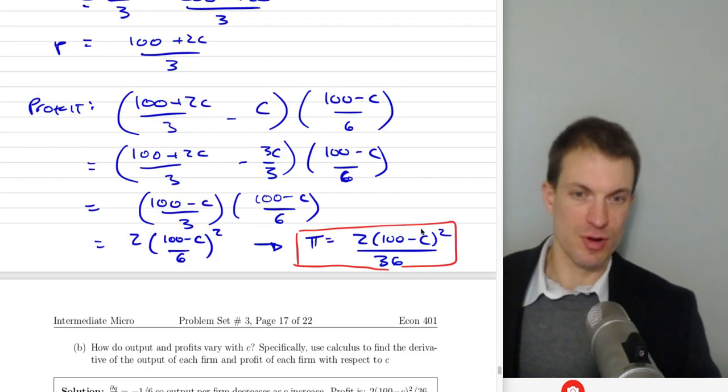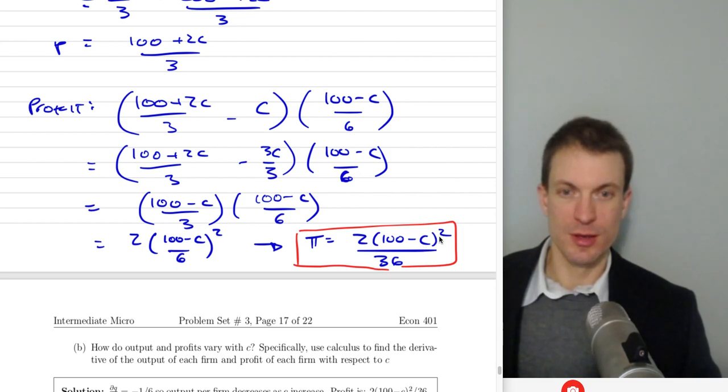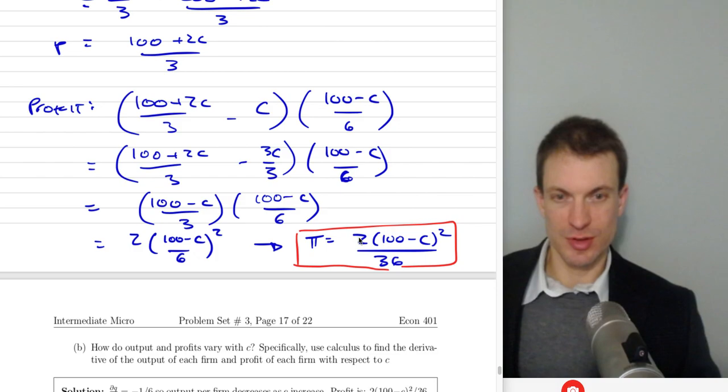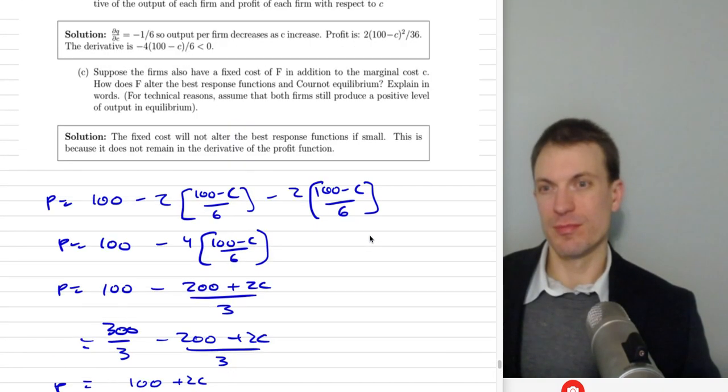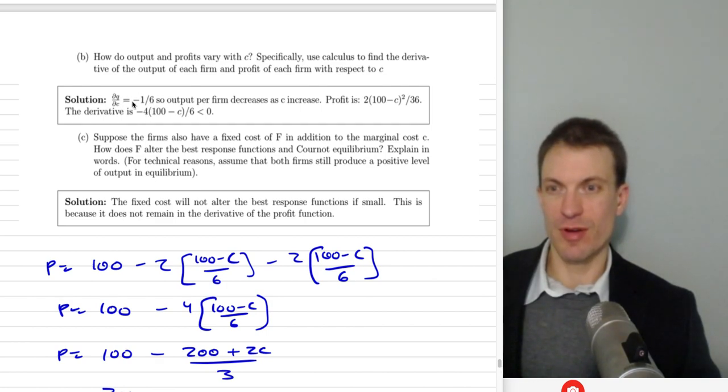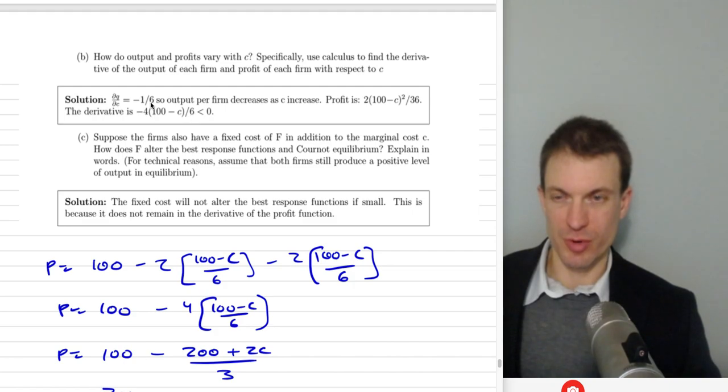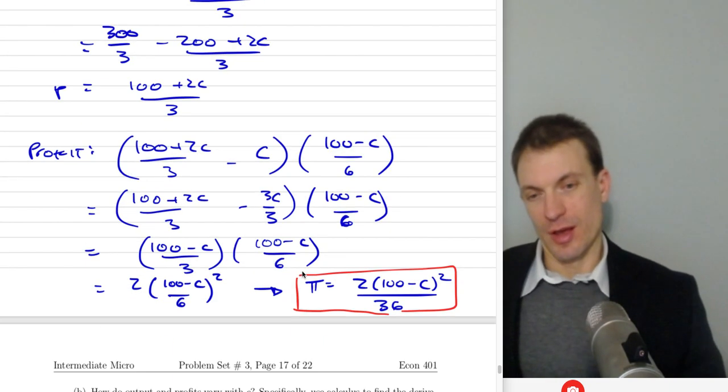So if we take this derivative with respect to c, this will be a 2 times this is going to be a 4, and this is going to be times a minus 1, so we'll have a negative, right? So yes, I was doing this one. So we'll have a minus 4. I should do this more carefully.